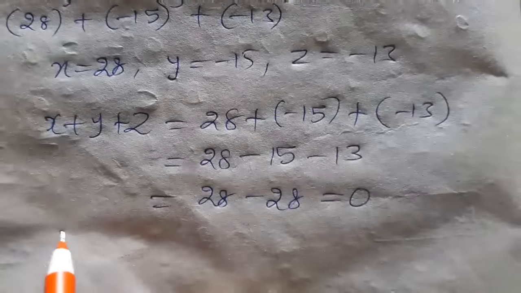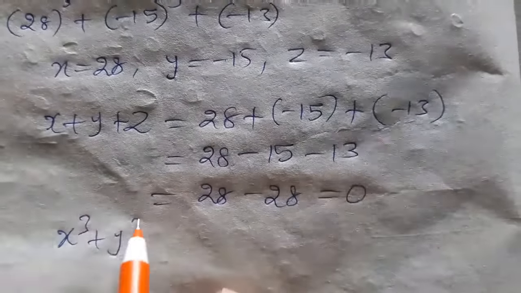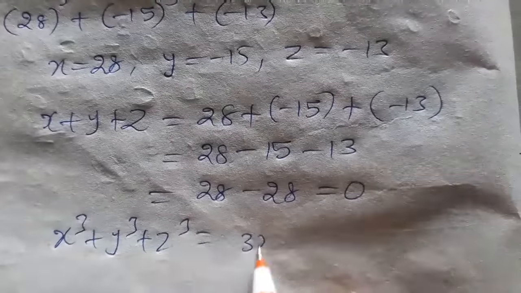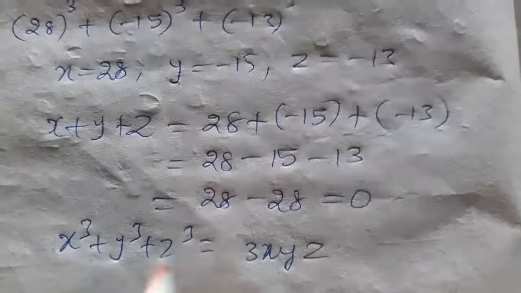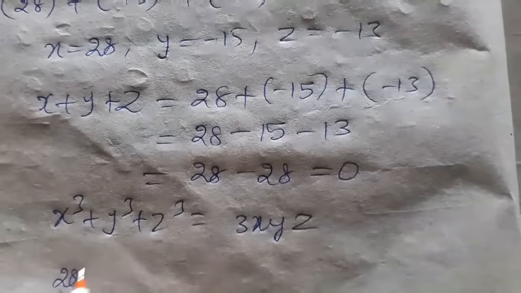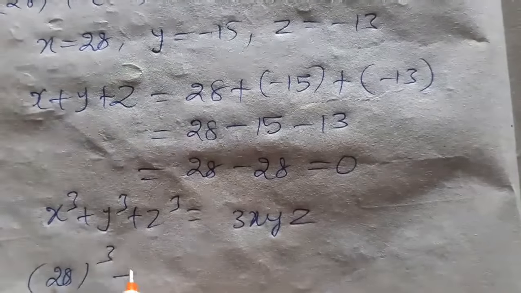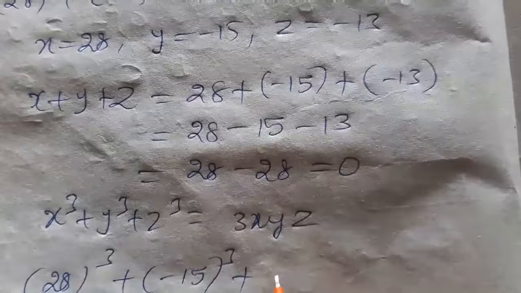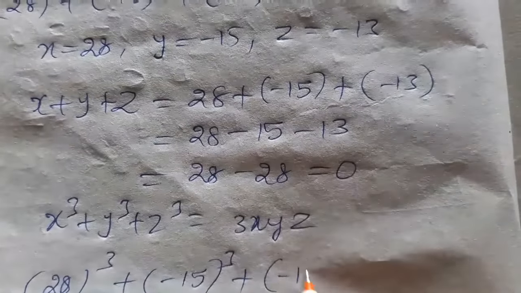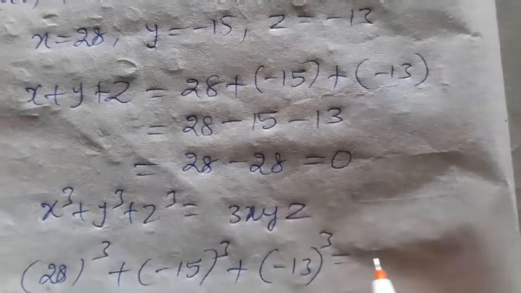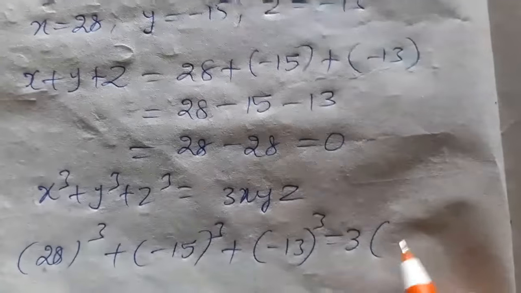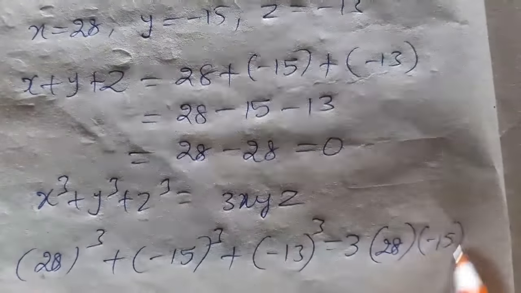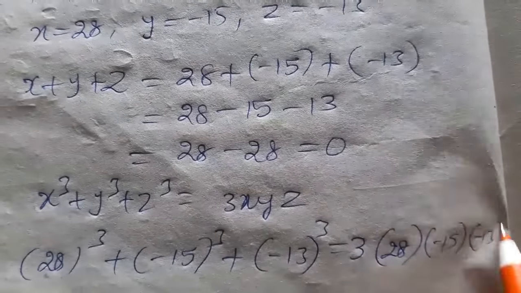Then what is the identity? x cube plus y cube plus z cube equals 3xyz. Now use it here: 28 whole cube plus minus 15 whole cube plus minus 13 whole cube equals 3 into 28, minus 15, minus 13.